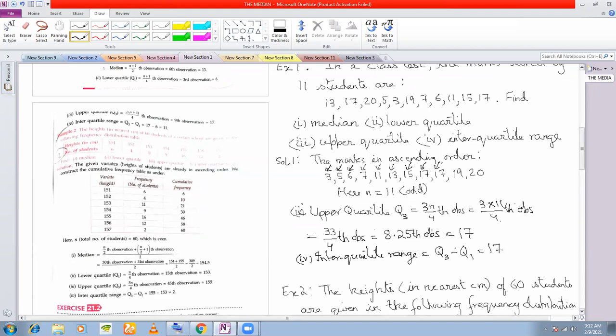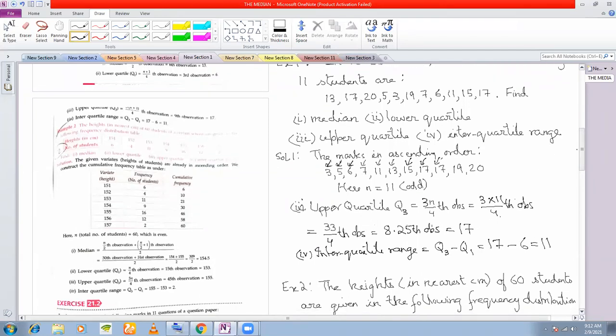Q3 we calculated to be 17, and Q1 we calculated to be 6. So 17 minus 6. So interquartile range is 11. So this is the first type of question that can be given. That is, a series of observations may be given, and you will have to find out the median and the quartiles.